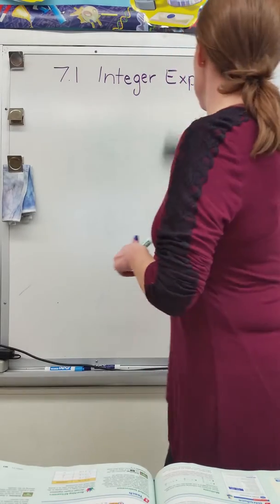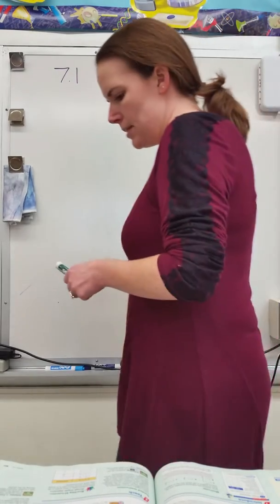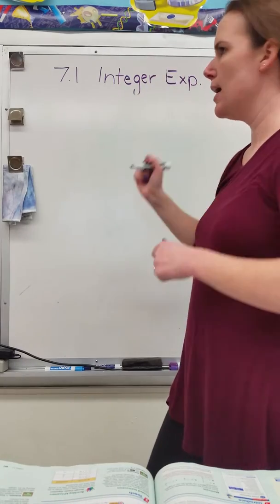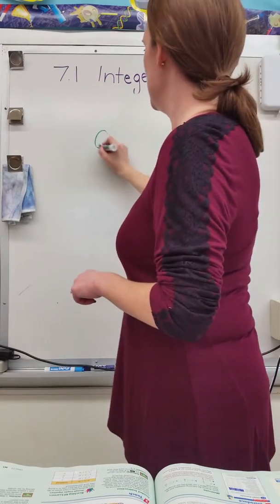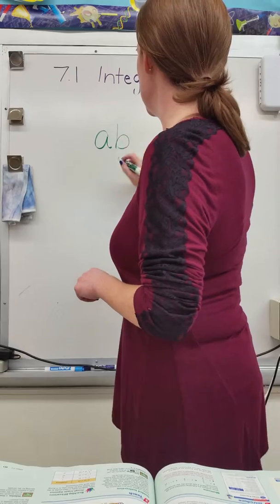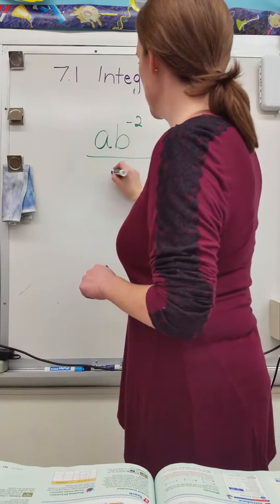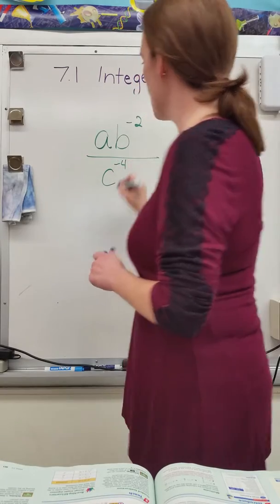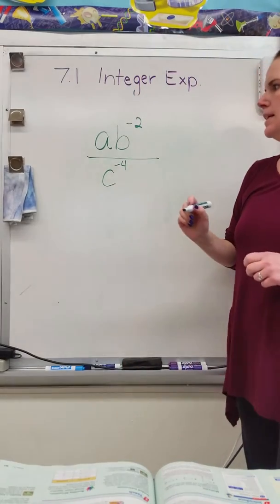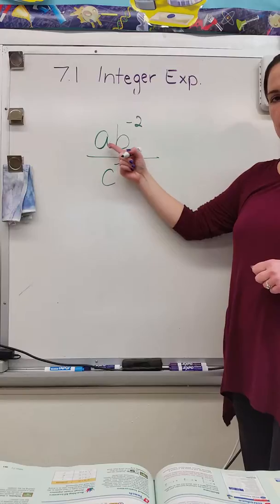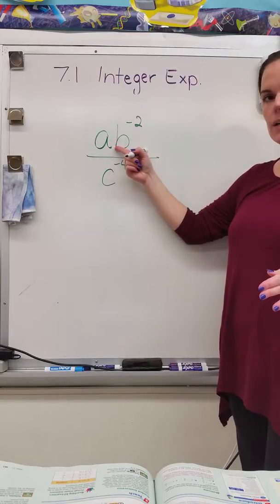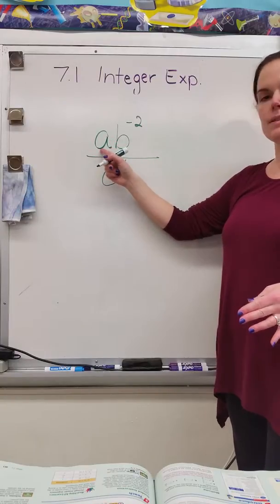So you're going to start getting more complicated problems. Say you have a, b to the negative 2 over c to the negative 4. This a is just like a to the first power. It's just going to stay where it is.